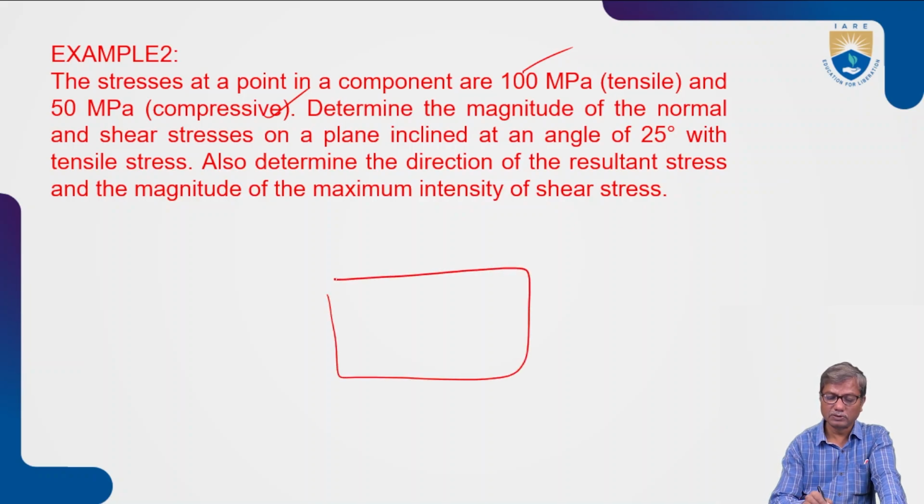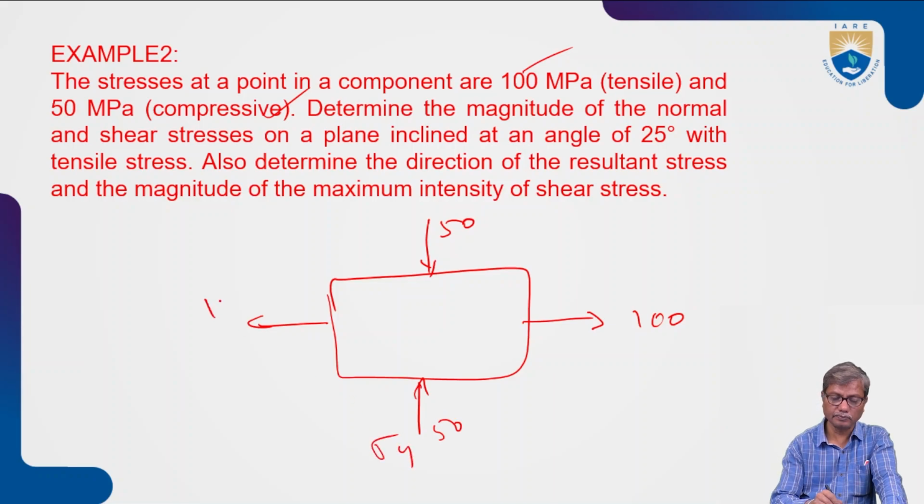So this is 100 tensile and 50 compressive. Let us take sigma y, yes, 50 Newton per mm square and sigma x 100 Newton per mm square.